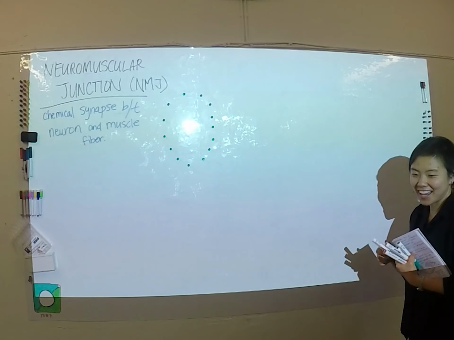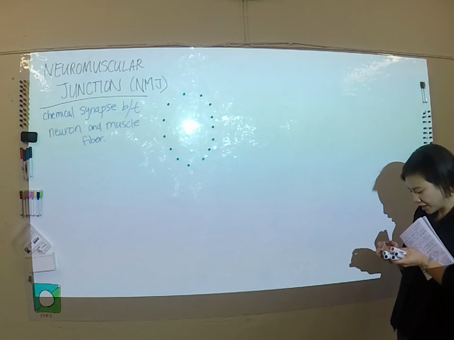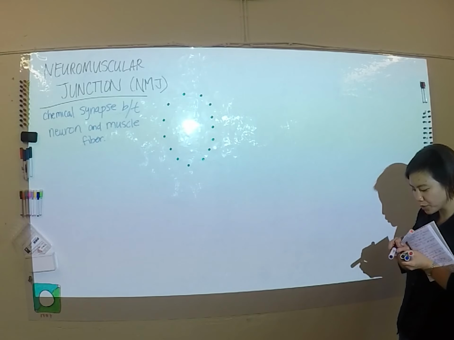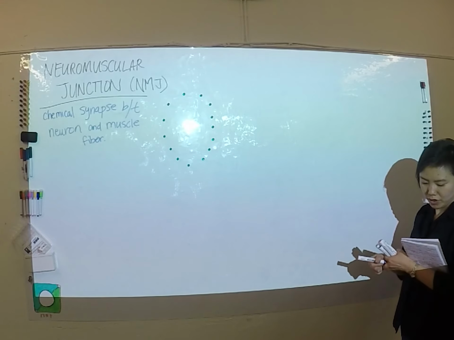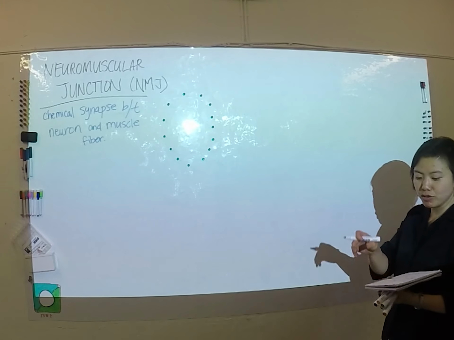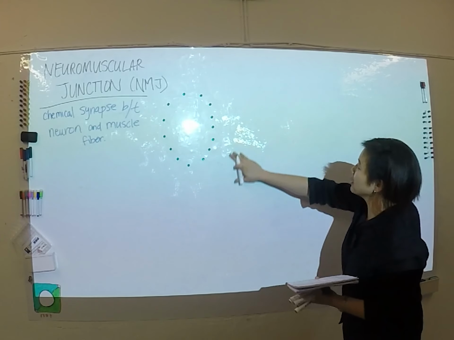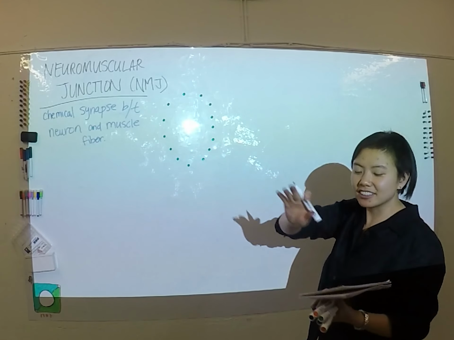So, let's draw this. All right, so let's start with our neuron. We're going to be zooming in really close to the neuron, and we're going to be looking at the very end of the axon.